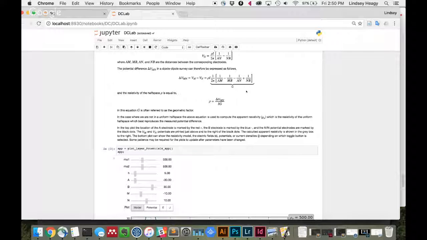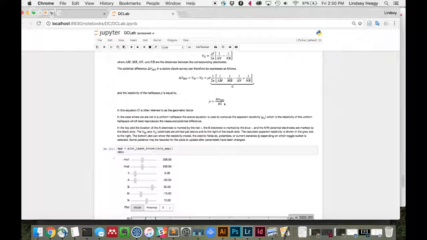I know my current. So that actually gives me now, by rearranging this, a formula for my apparent resistivity to be equal to something here, I, G, and my delta V.